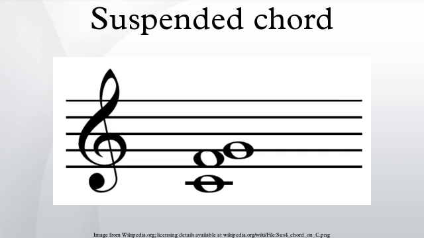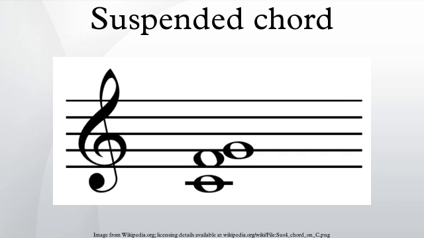G9sus4 equals G C D F A equals F/G equals G F A C. It may even be written Dm7/G, which shows the merging of ii7 and V7. Chord factors include 1-4-5-b7-9-11 or 1-4-b7-9, not 1-4-5.